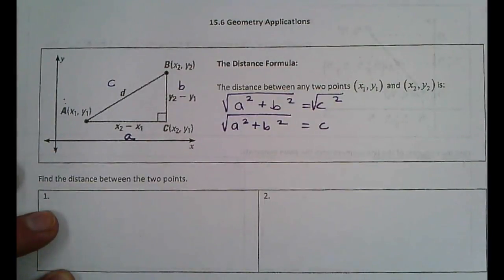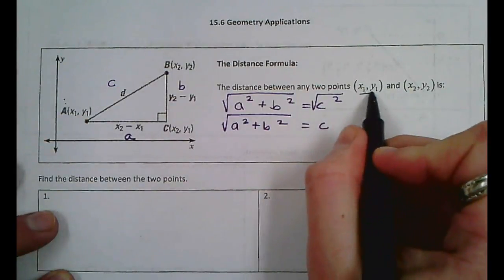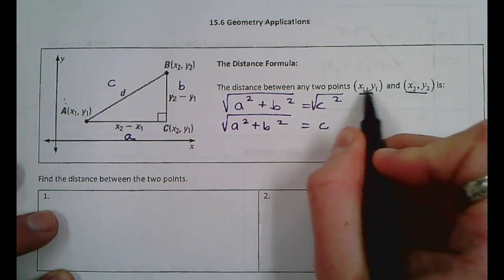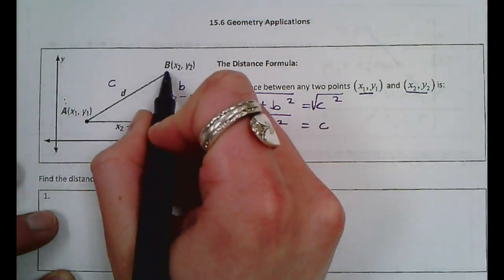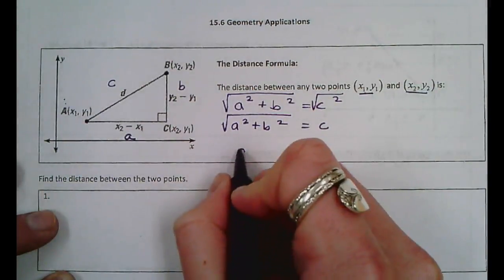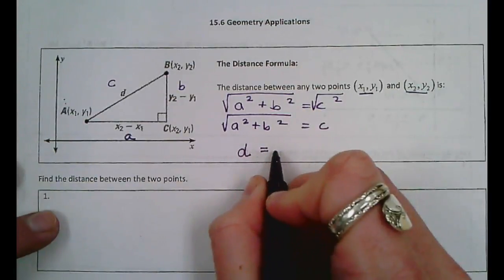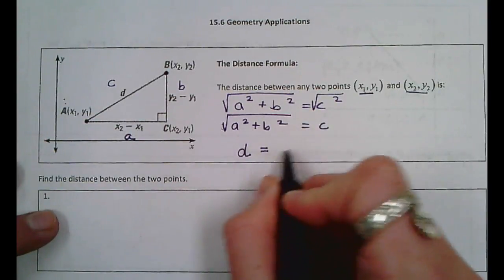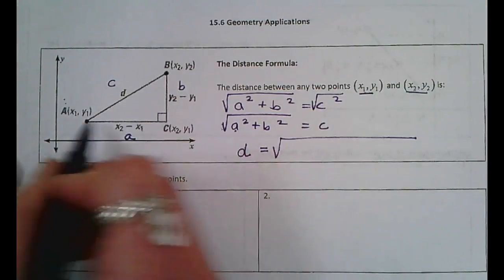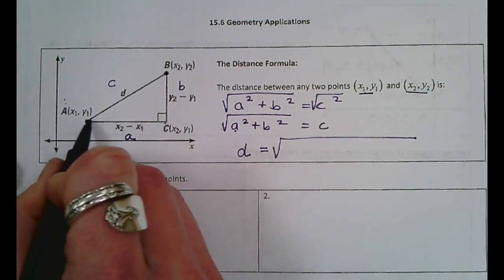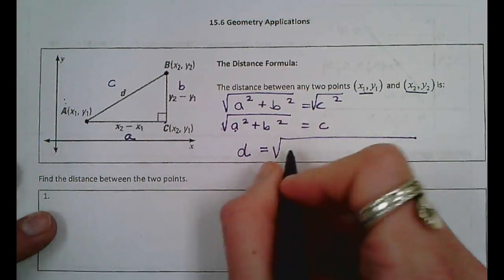So we're going to write the distance formula, not from A and B, but from our actual coordinate points of x1, y1 and x2, y2 for our first point and our second point. So to find your distance, or D, we take the square root of, and our first one, A squared, is actually the x values subtracted from each other.